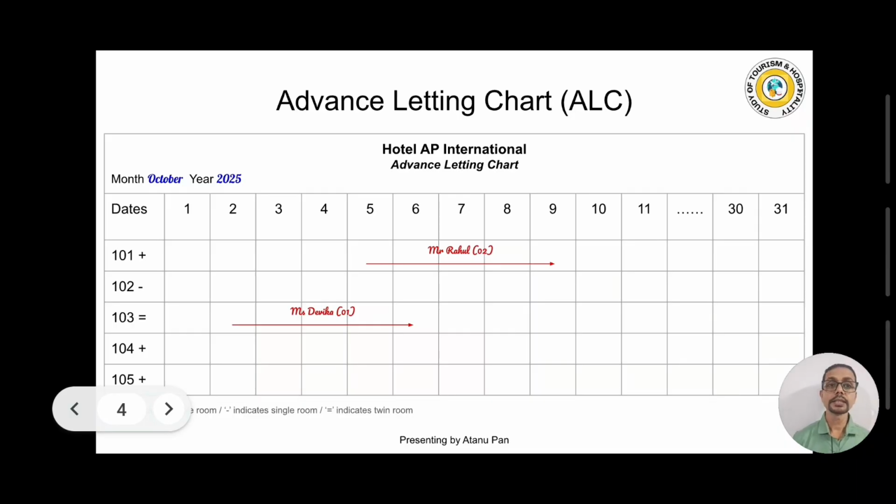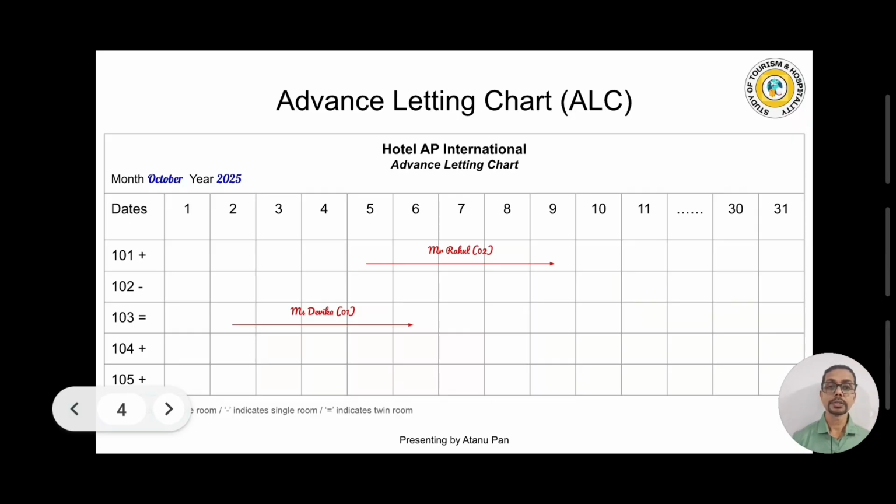Now Mr. Rahul is checking in on 5th of October, and Mr. Rahul is going to check out on 9th of October. So the straight line arrow indicates the duration of stay. Similarly, you can see room number 103 is booked by Miss Devika, and the number of guests is only one, only Miss Devika.